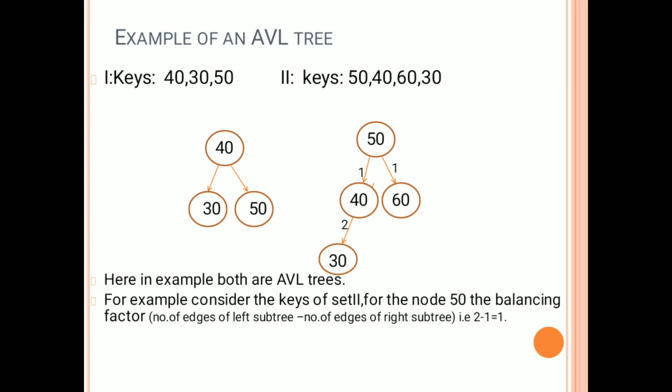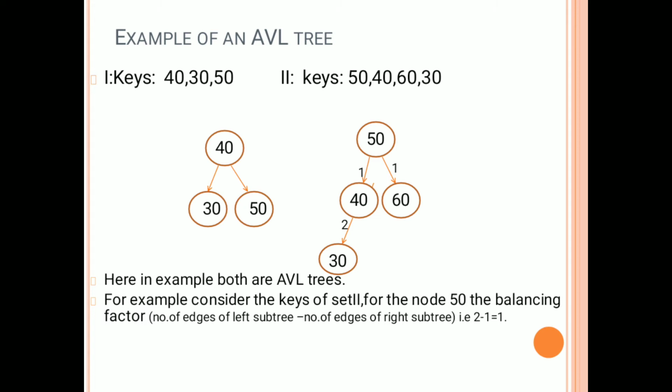A node having balancing factor 1 is considered a balanced node. In the same way, we can calculate the balancing factor for the remaining nodes also: 40, 60 and 30. 60 has the balancing factor 0 and 30 has the balancing factor 0 because they have no child nodes. 40 has one edge on the left and no edge on the right side, so 1 minus 0 is 1.